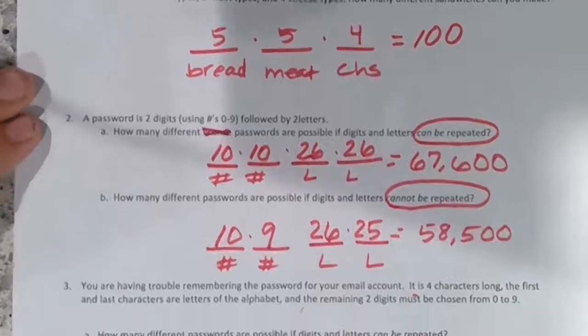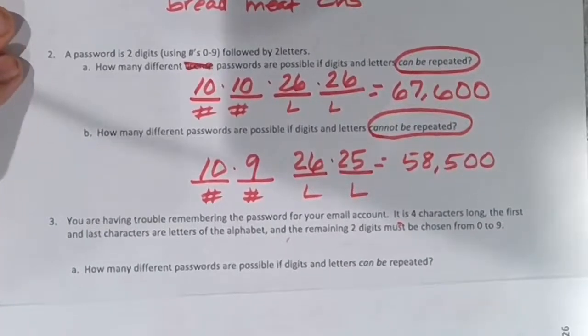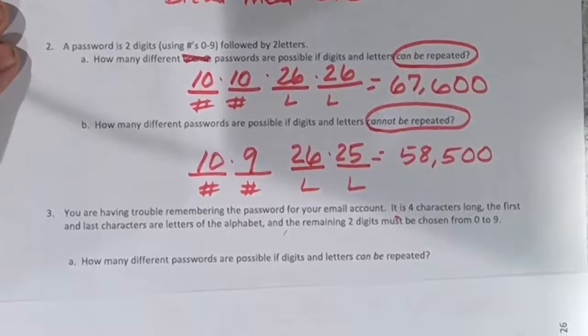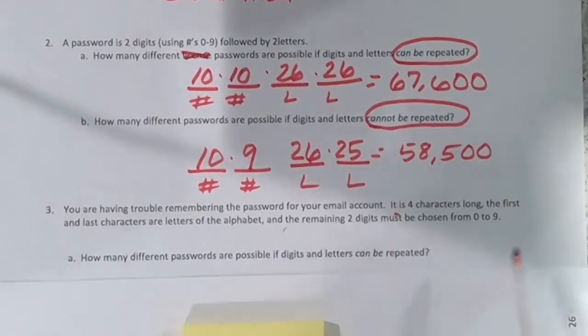Number 3 says, you're having trouble remembering the password for your email account. It is 4 characters long. The first and last characters are letters of the alphabet, and the remaining 2 digits must be chosen from 0 to 9. How many different passwords are possible if digits and letters can be repeated? Okay, let's see. So let me read that again. It says it's 4 characters long.